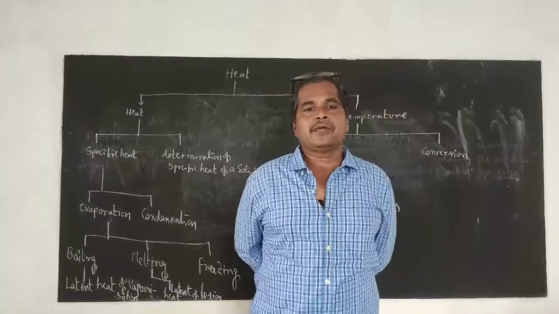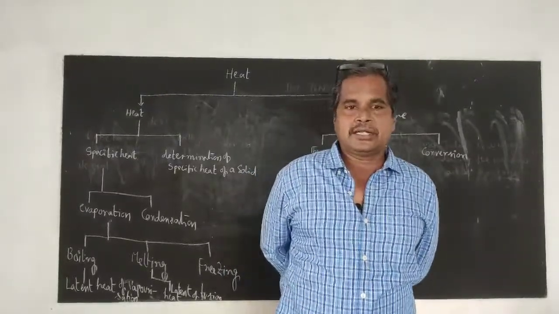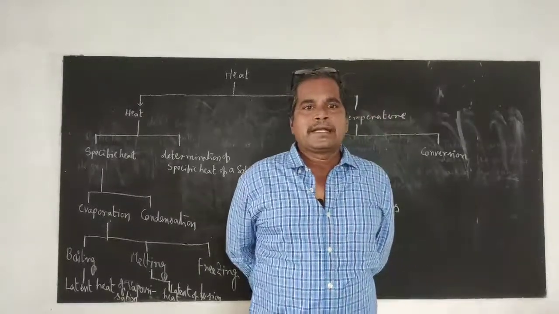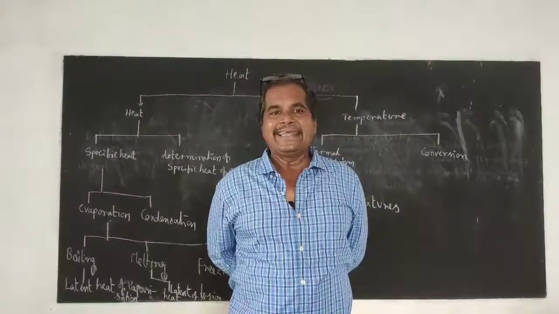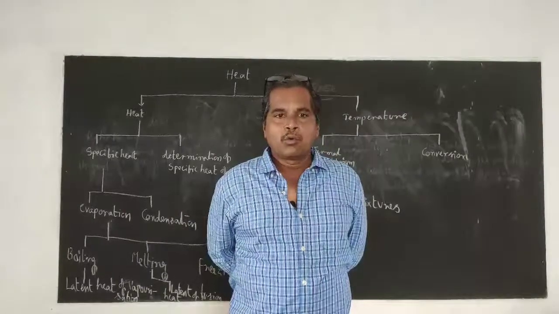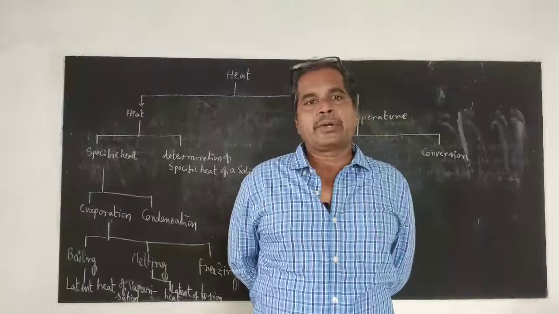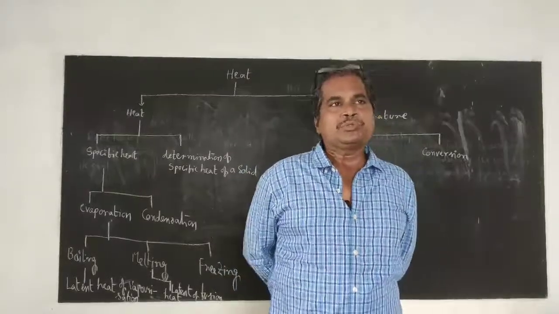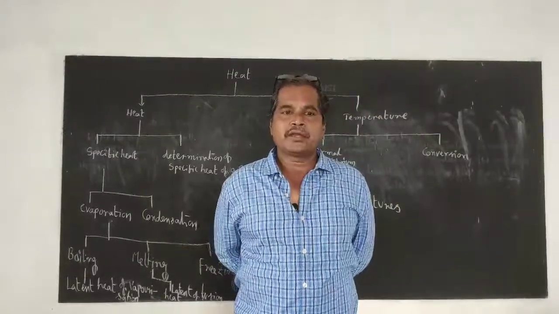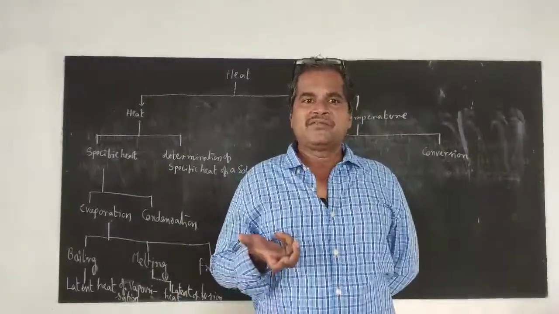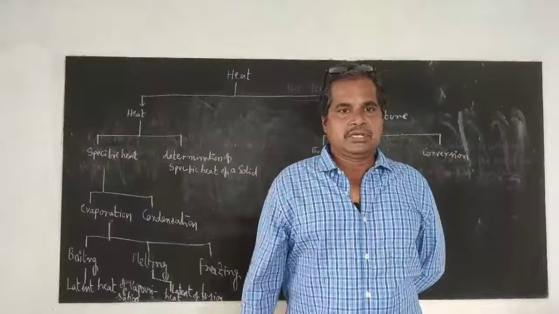So we regularly confuse heat and temperature. So what is meant by temperature? Temperature is the degree of coldness or hotness. By using temperature we can measure the status of an object, which is hotter and which is colder.